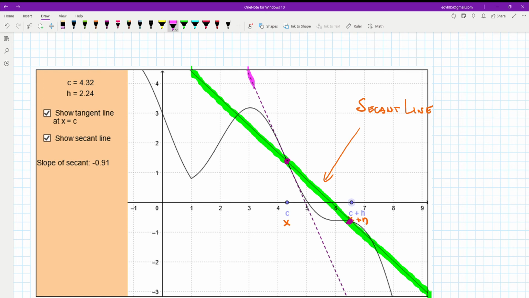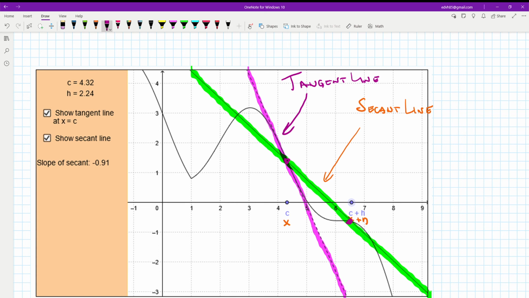All right. But then we also have a tangent line. This one that I'm highlighting here with purple. And this one is going to be a tangent line because it touches only one point, as opposed to the secant line, which touches 2 points on the graph of f of x.